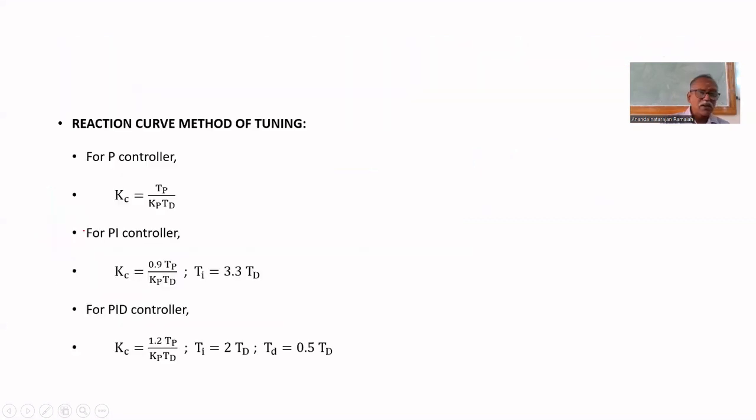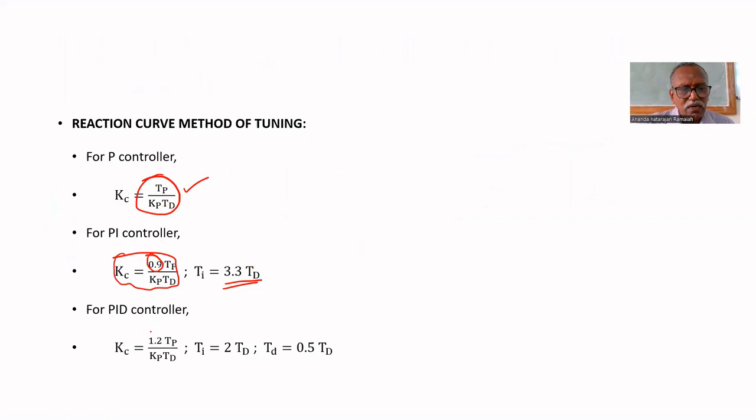We know the formula for the reaction curve method. The Kc for P only controller is Tp, the time constant, upon Kp, the static gain, multiplied by dead time. For PI controller, the same value has to be multiplied by 0.9, and Ti equal to 3.33 times dead time.